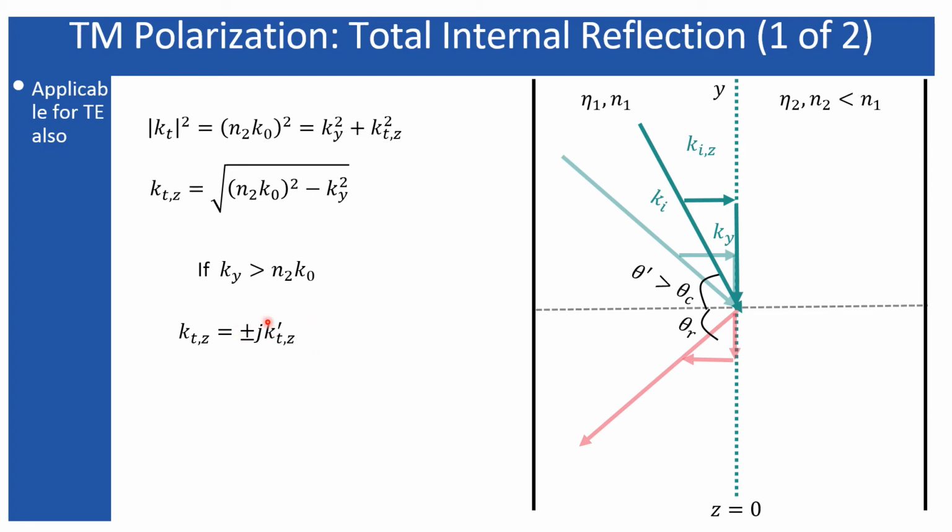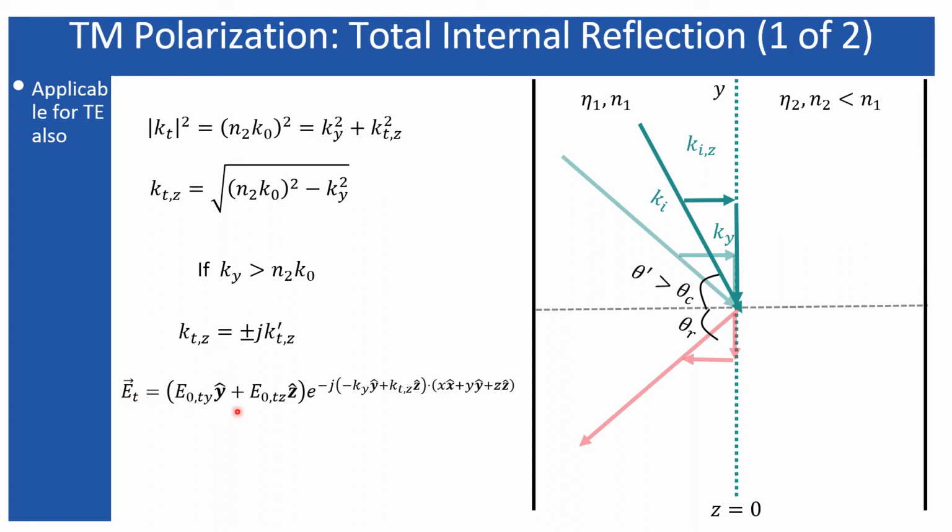That means we can write a j term which represents the imaginary unit times the real term. This real term, k dash tz, represents the magnitude part. It is an arbitrary factor, although I am considering it, because our purpose is to incorporate this imaginary part over here, so that the overall z component of the transmitted wave vector becomes imaginary.